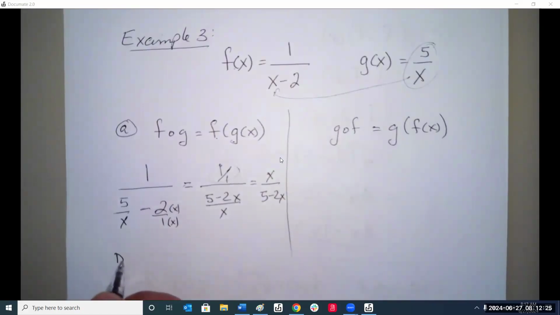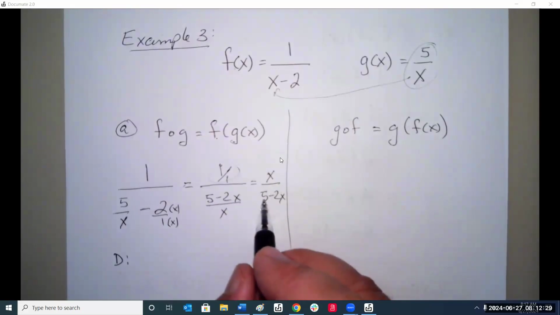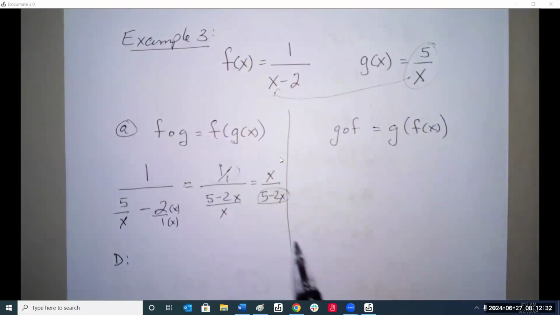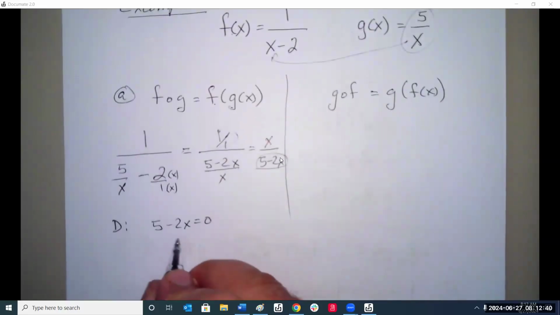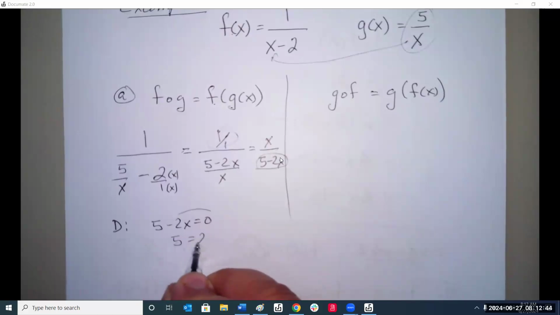The domain of this one is what makes the bottom equal 0. So we take the bottom, set it equal to 0, and see. So we have 5 equals 2x, divide by 2.